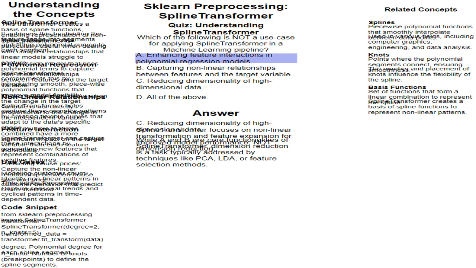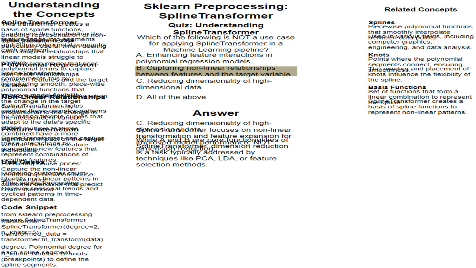It is designed to model nonlinear relationships between features and the target variable by dividing the data into segments and fitting polynomial curves. It can help in capturing the interactions between features, as it can create a basis of spline functions that can represent nonlinear patterns in the data.